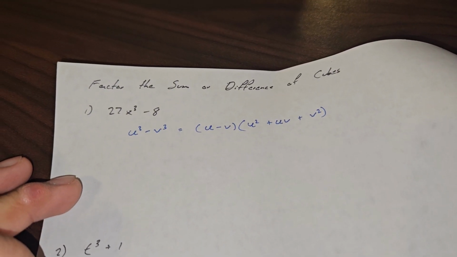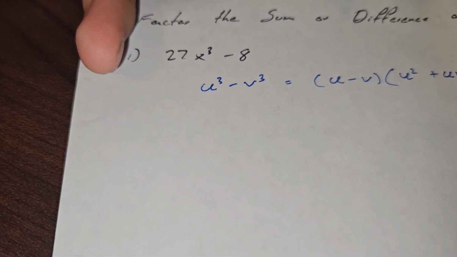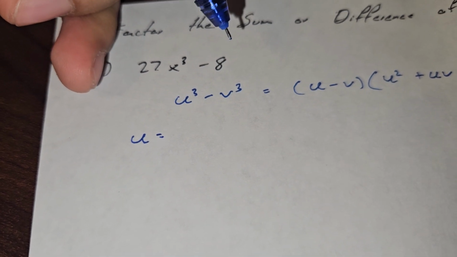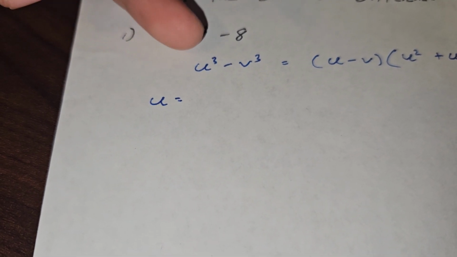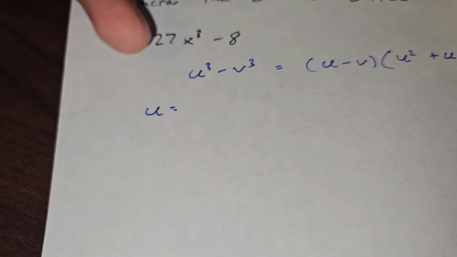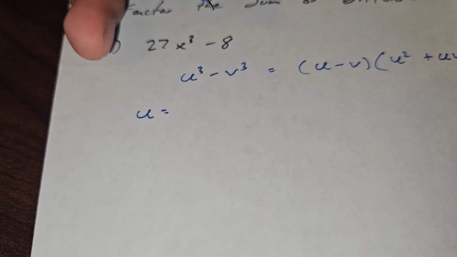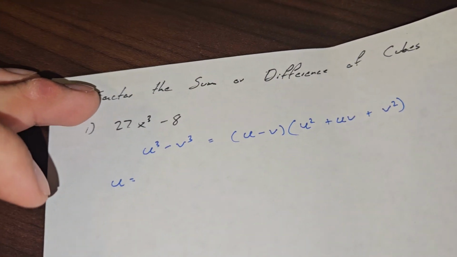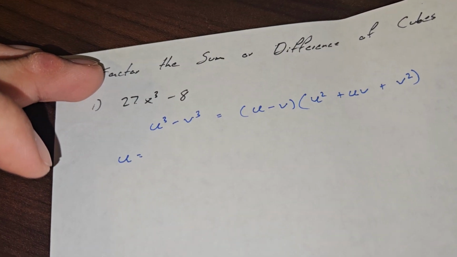So let's go ahead and find out what our u in this polynomial is. Notice that this is u raised to the third power, right? So we only want to find u. In this case, we will take the cube root of this term right here, 27x raised to the third power.